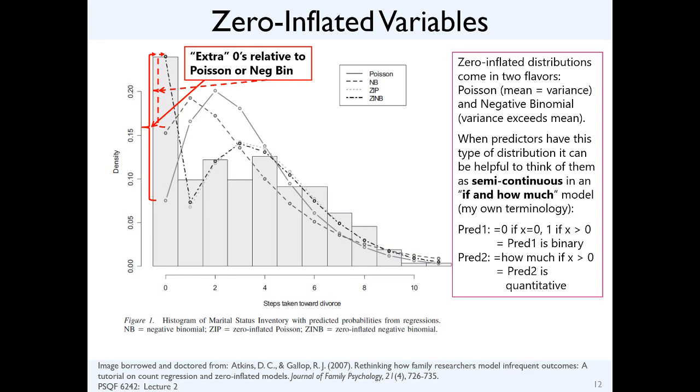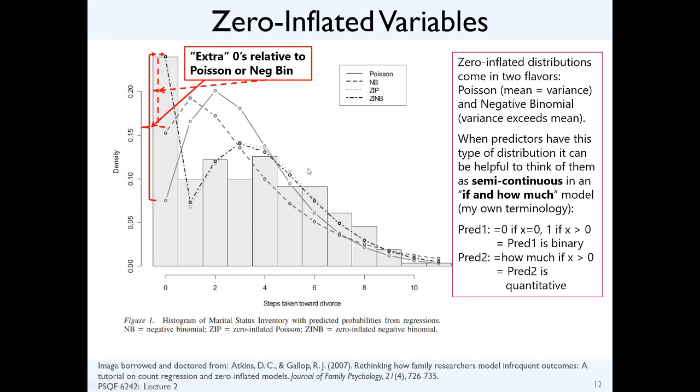So this is what's known as zero-inflated. If this population was only people who were planning on getting divorced, you would only expect a certain amount of zeros here. But because there's this extra type of person in here, we have this extra. So it's zero-inflated.